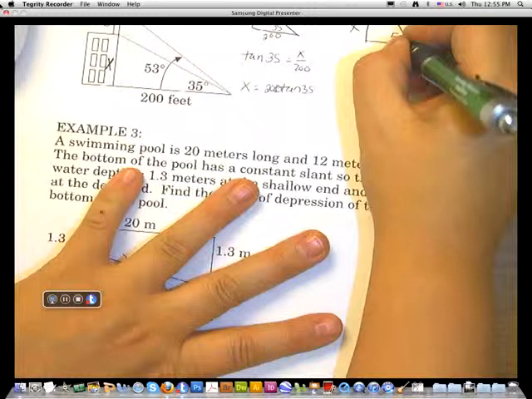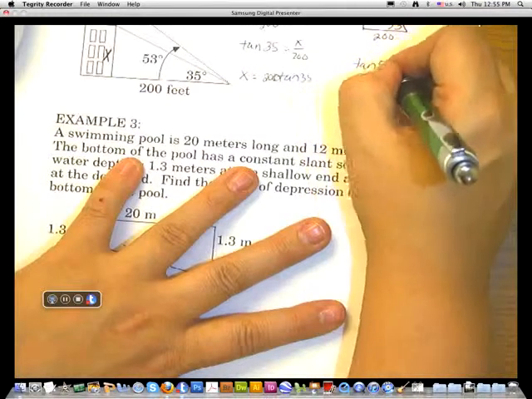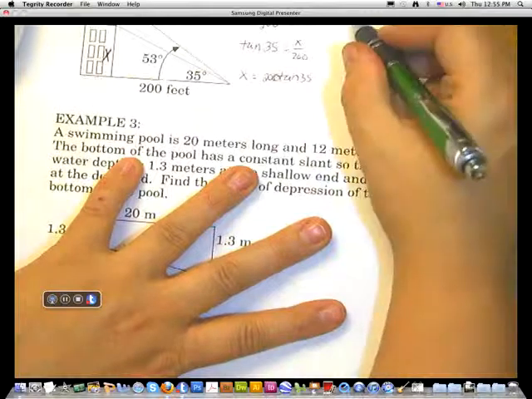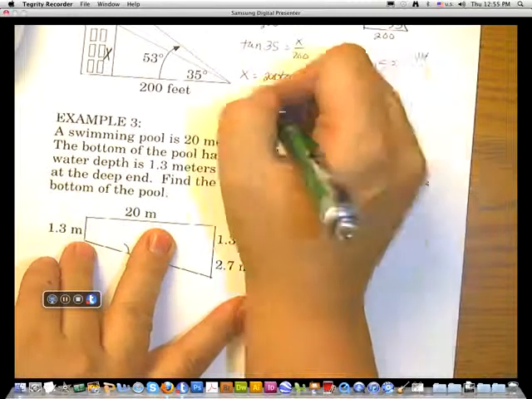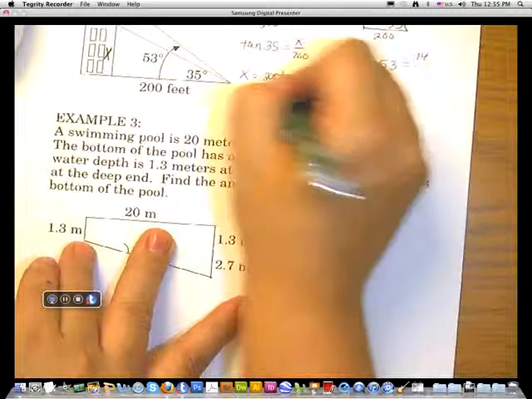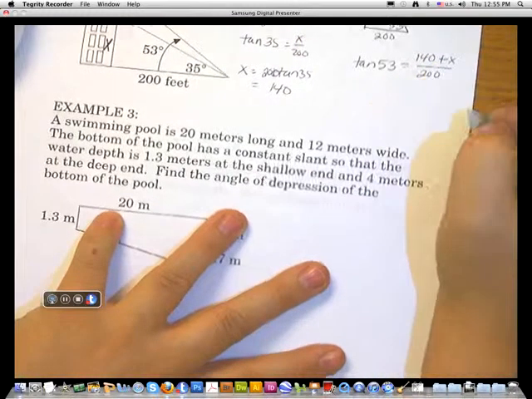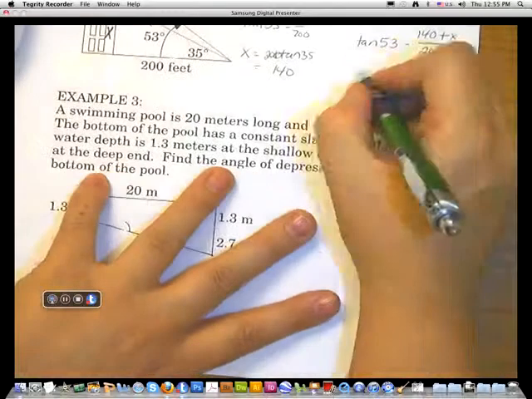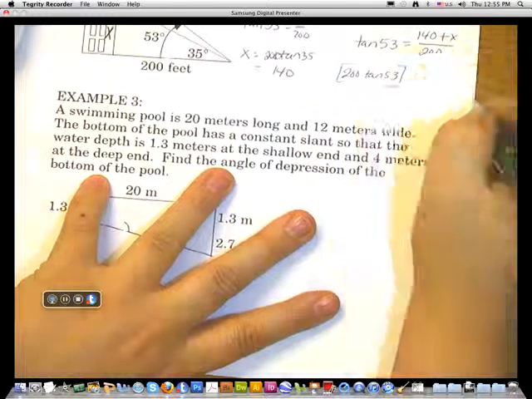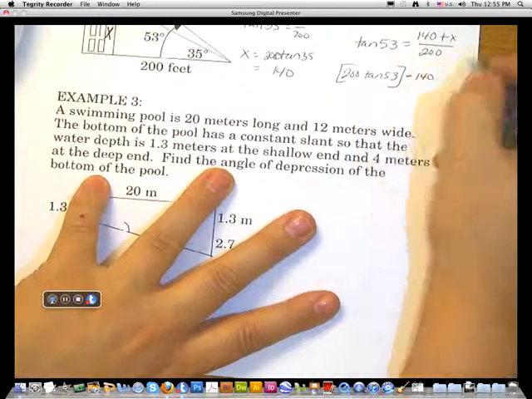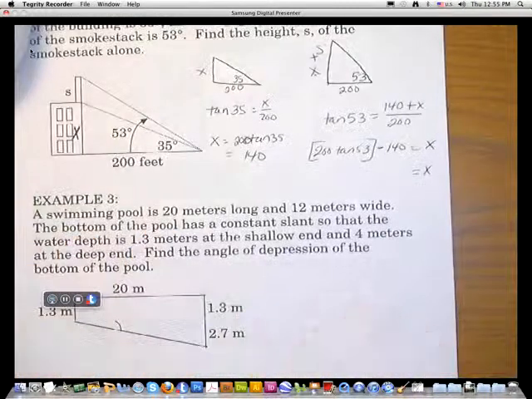In this case, we know that to be 53 and that to be 200. So tangent of 53 is the other side over 200, because that came out to be 140, I believe. So 140 plus x over 200. So 200 tangent 53. Whatever that solution is, I'm going to subtract 140, and that's going to be my x value.